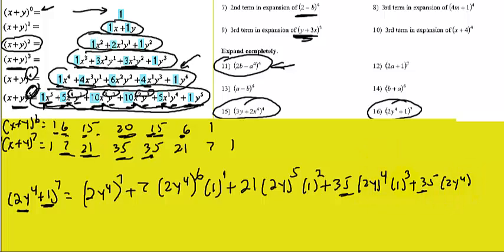Oops, I didn't raise that to the 3rd, did I? Let me go back and fix that. 2y to the 4th to the 3rd, to the 4th.